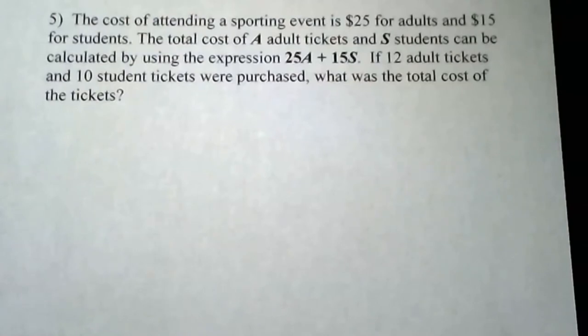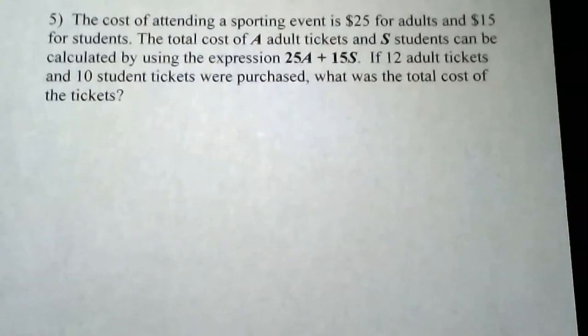Example 5 says the cost of attending a sporting event is $25 for adults and $15 for students. The total cost of A adult tickets and S student tickets can be calculated by using the expression 25A plus 15S. If 12 adult tickets and 10 student tickets were purchased, what was the total cost of the tickets?